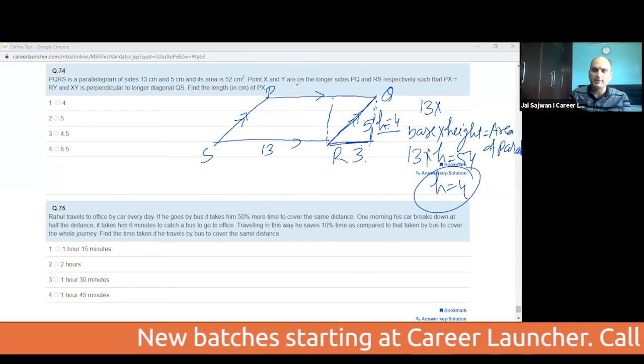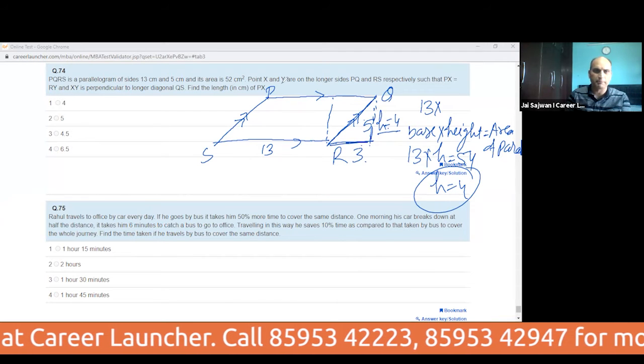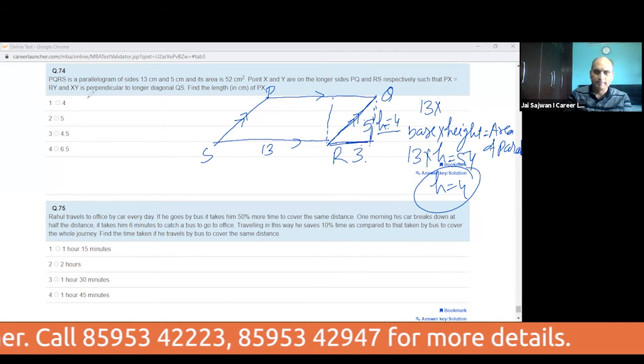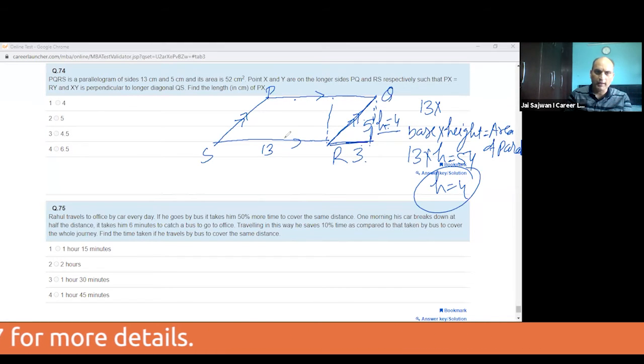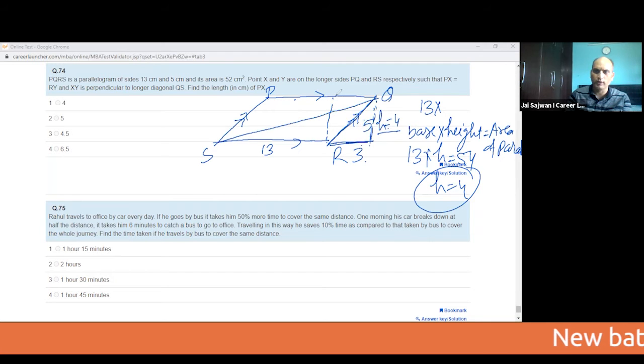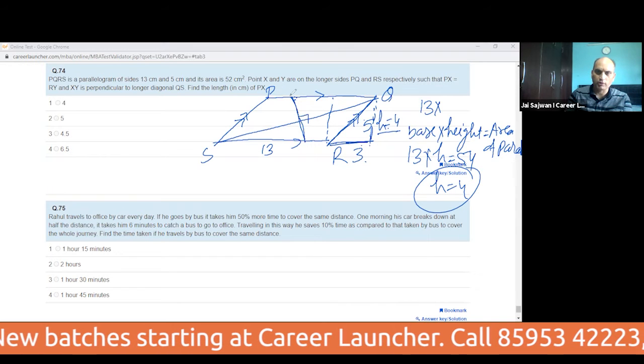Now it is given points X and Y are on the longer sides PQ and RS respectively such that PX is equal to RY, and XY is perpendicular to the longer diagonal. The longer diagonal is QS and XY is perpendicular to it.